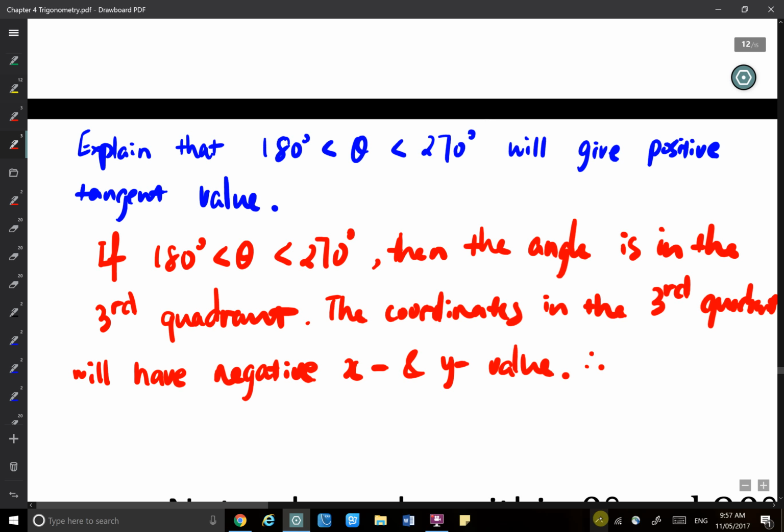So both cosine and sine values will be negative.